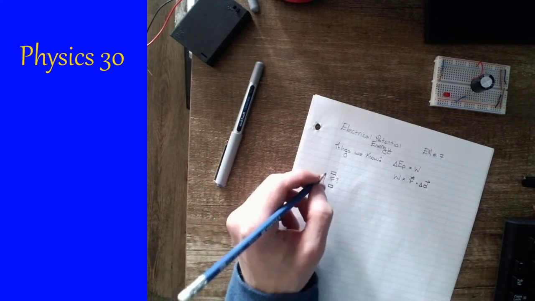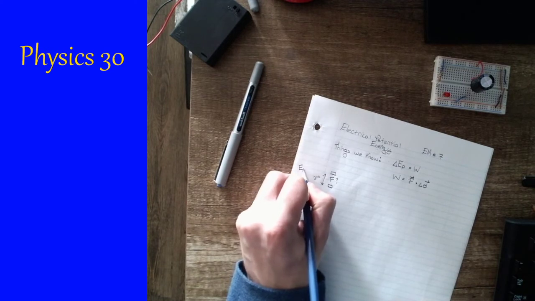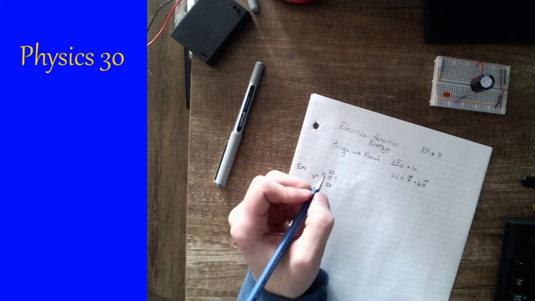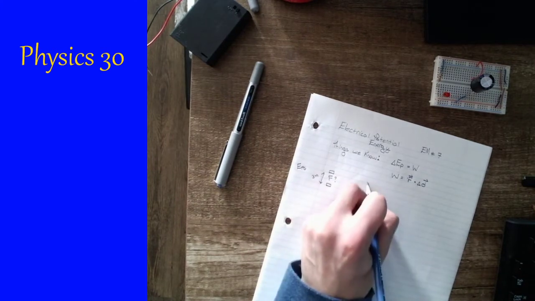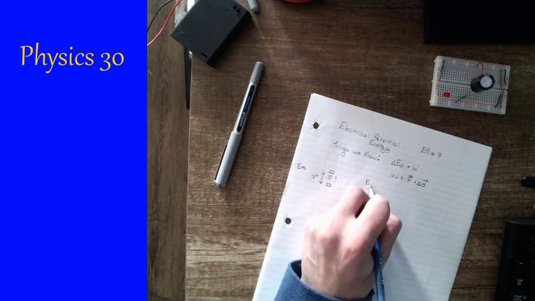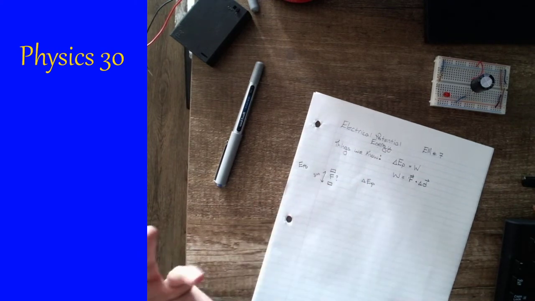And this is the case for what we call EPG, gravitational potential energy. The same can be said of elastic potential energy and also of electrical potential energy, which we're going to denote by just this.